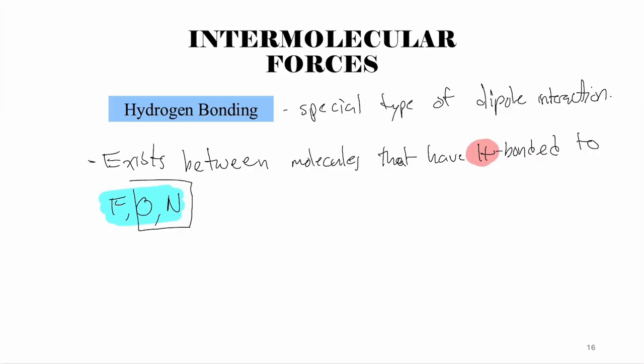All right, so if we have water, for example, or ammonia, NH3, both of these have hydrogens bonded to one of these elements, which means that they can hydrogen bond with each other.